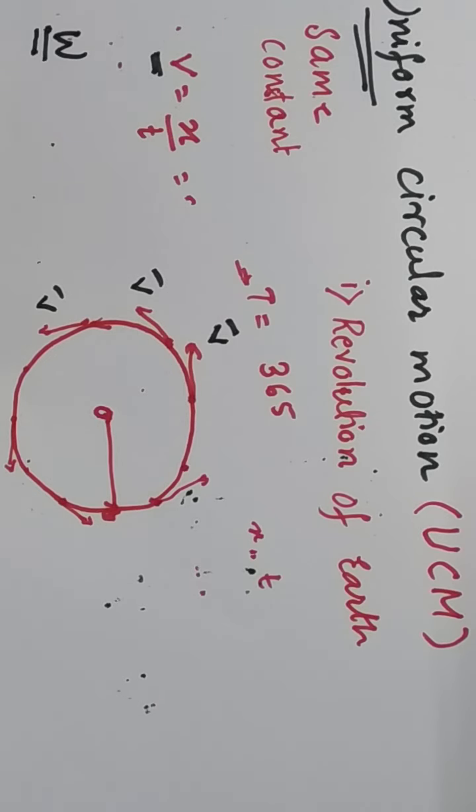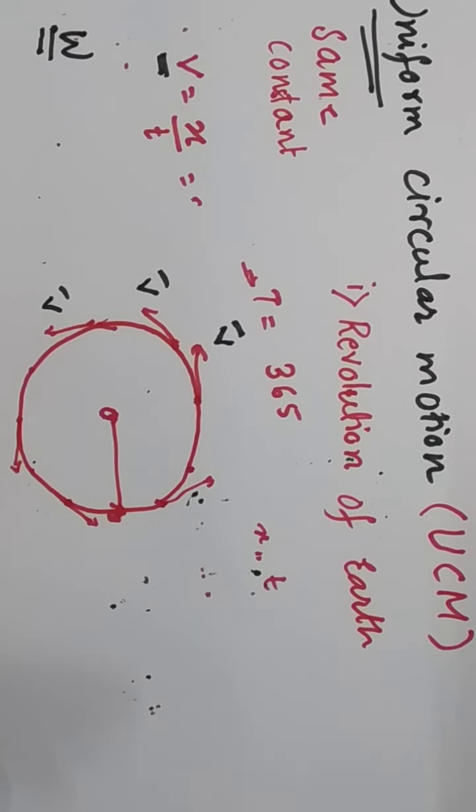Remember the example of a rotating fan. The moment you switch on the fan, its speed gradually goes on increasing. When you switch it off, its speed gradually goes on decreasing. So these are two examples of increasing and decreasing speed. In this case, the motion will be called non-uniform. Understood the meaning of uniform circular motion and non-uniform circular motion?